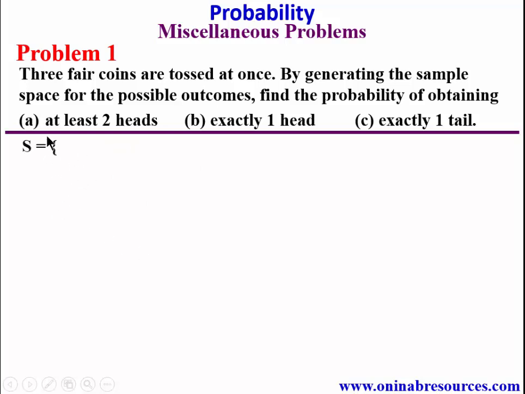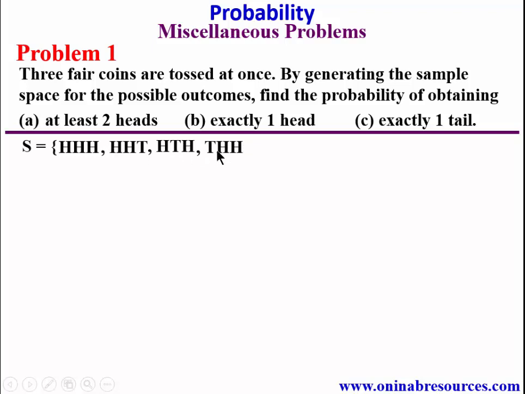S is a set of, since there are 3 fair coins, we can have all heads. We can have 2 heads and 1 tail, where head, head, tail, or head, tail, head, or tail, head, head.